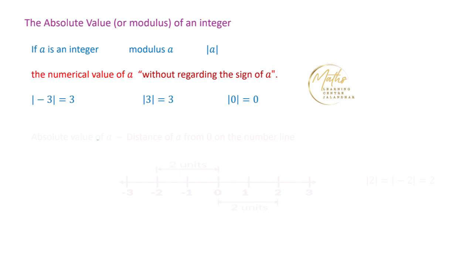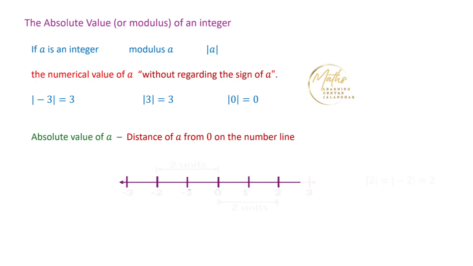Geometrically, the absolute value of a represents the distance of this number a from the number 0 on the number line. We have this number line, and these are the numbers over here. Suppose I am talking about the absolute value of 2.